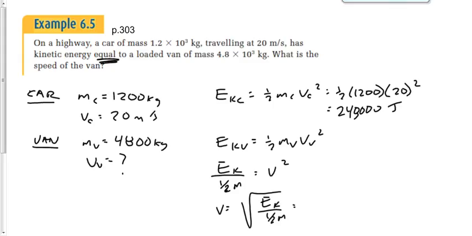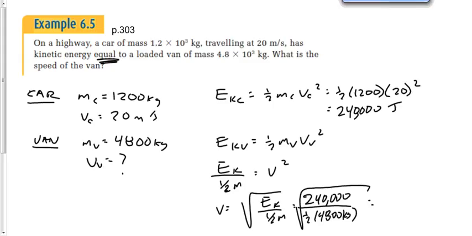We know the kinetic energy because it's the same kinetic energy as the car had, 240,000 joules, divided by 1/2 of the mass of 4,800 kilograms. And then we square root that. We end up getting 10 meters per second.